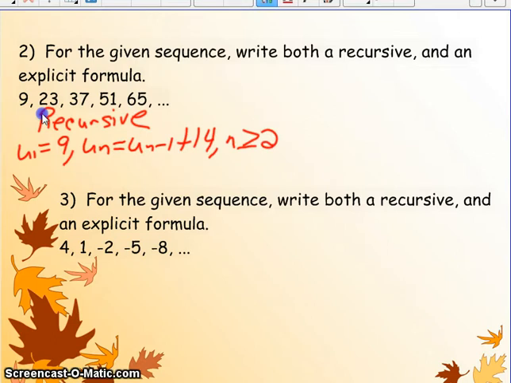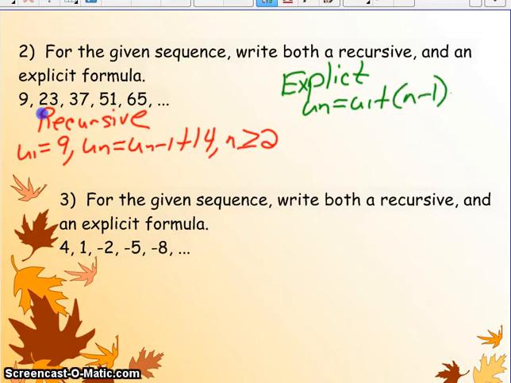Now explicit. Remember we are using this formula. U sub n is equal to u sub 1 plus n minus 1 times the common difference. We're substituting in u sub 1 and d. That's all we need to know. We're just substituting them in.